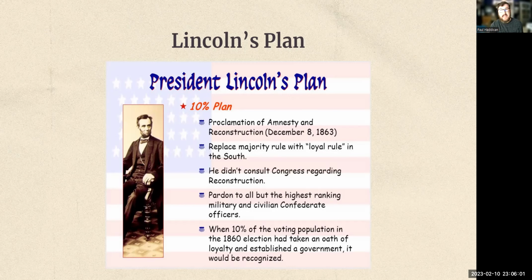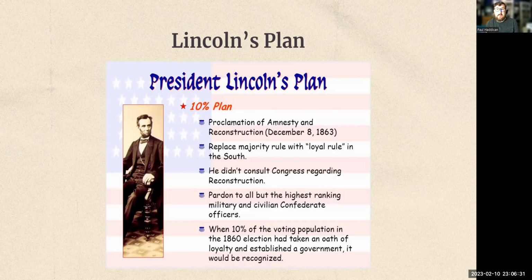So not taking into account any new voters, going off of the 1860 election when he was elected, when 10% of those voters have taken an oath of loyalty to the United States and to the Constitution, then they can establish a new constitution, a new government, and then it would be recognized and brought back into the Union.